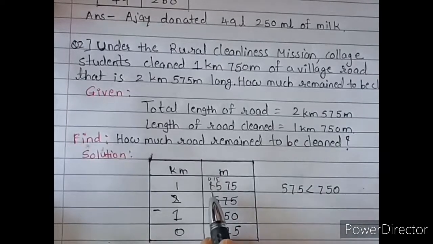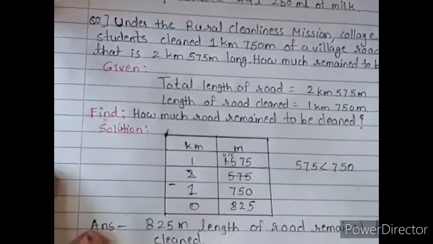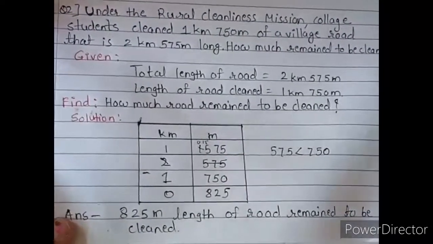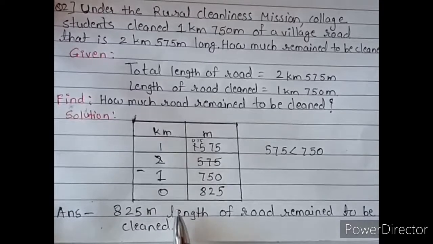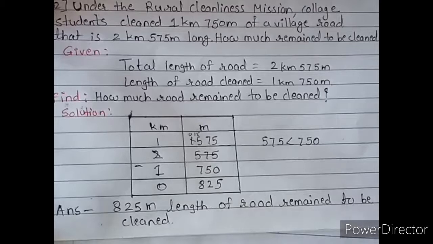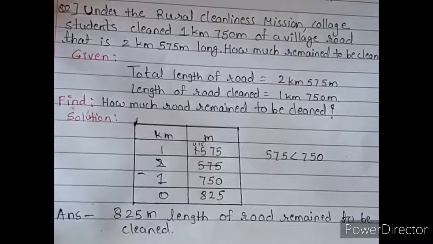So after subtraction we get the figure 825. In the kilometer column, 1 minus 1 is 0. So write down your answer. 825 meter length of road remains to be cleaned. So, understood how to solve this word problem? The third example you will solve in your notebook.